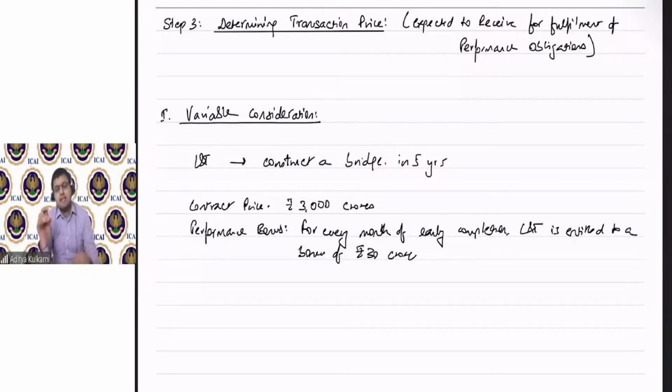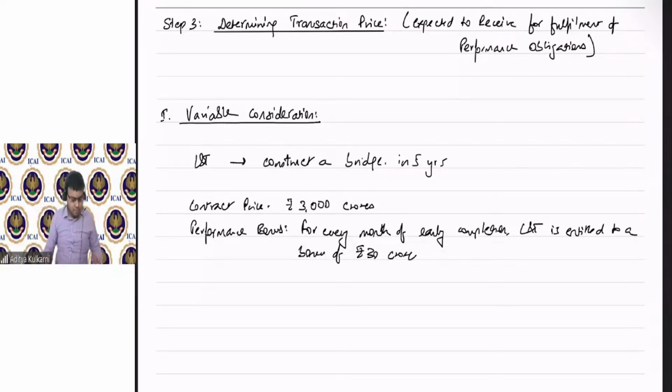Now, let us understand how this particular transaction was being done under the AS regime. This is a construction contract, so this would be covered under AS7. So you would recognize revenue on a percentage completion basis.